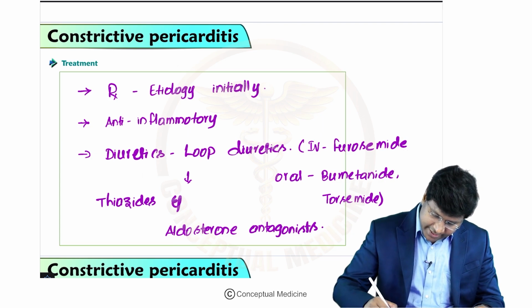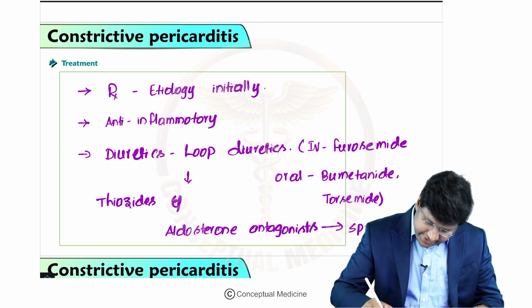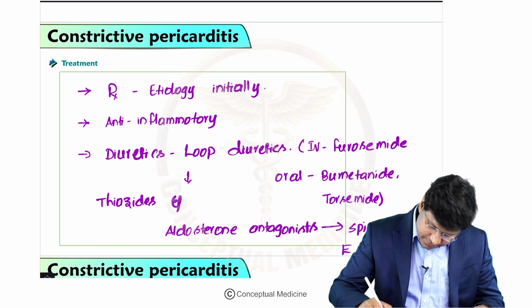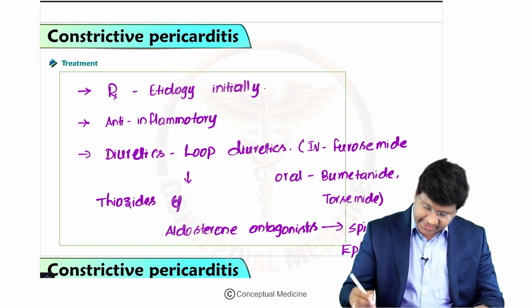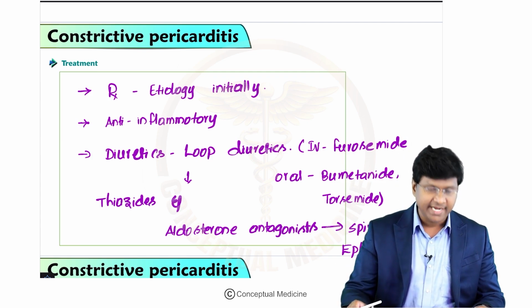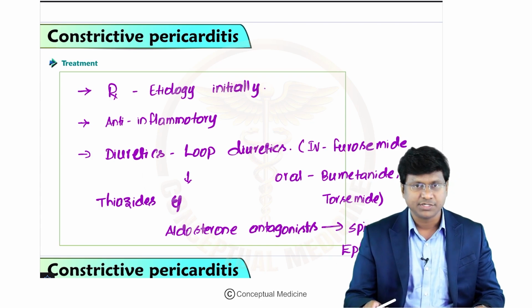What are the examples of aldosterone antagonists? That is spironolactone, and the other alternative medication is eplerenone. So these are the aldosterone antagonists that you need to give in patients with constrictive pericarditis.